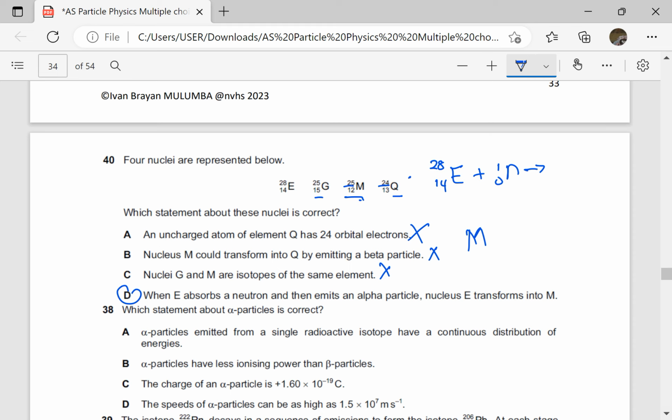Then it emits an alpha particle, so plus alpha, that is 4 2, plus another nucleus. The proton number should be 12, and the nucleon number on the left is 28 plus 1, which is 29, minus 4, which is 25, and that is strictly nucleus M. So that is D.